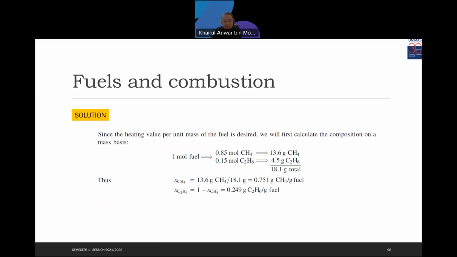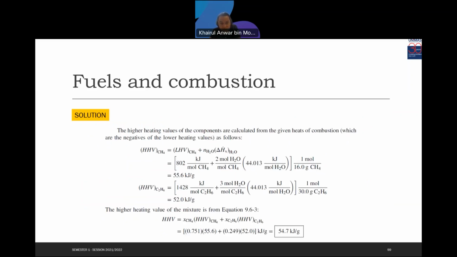From here you can get 13.6 gram of CH4 and 4.5 grams of C2H6, total 18.1 gram. The mass fraction of methane is 13.6 gram over 18.1, which is 0.71 gram CH4 per gram of fuel. For ethane, it's 0.29.